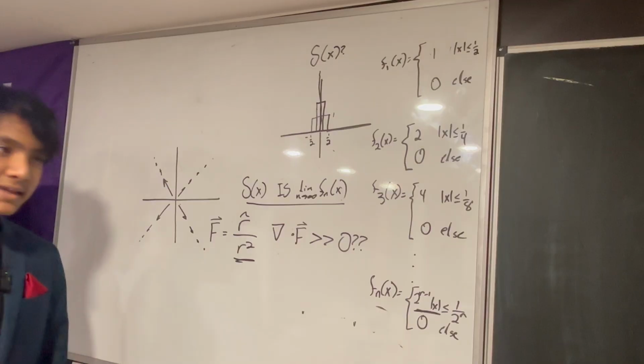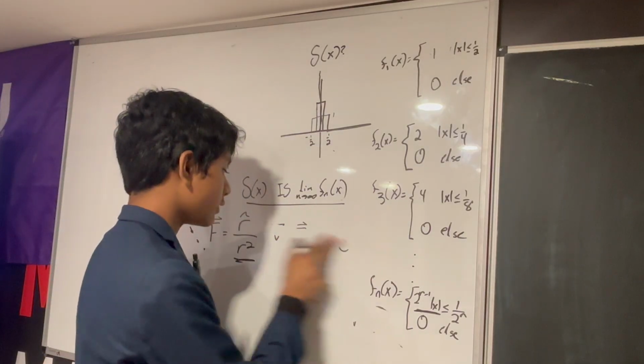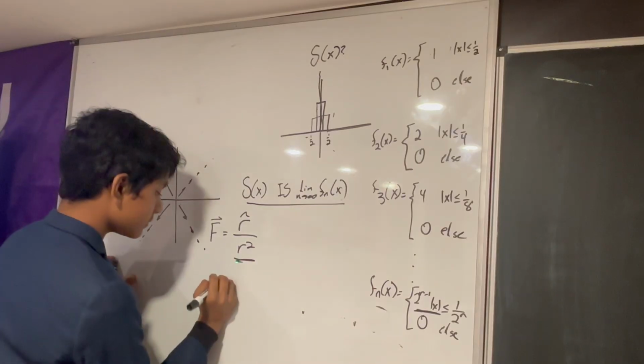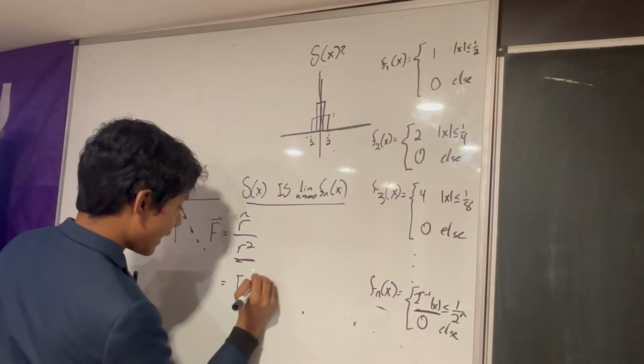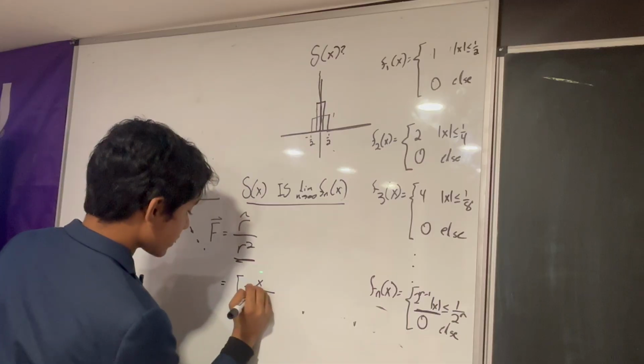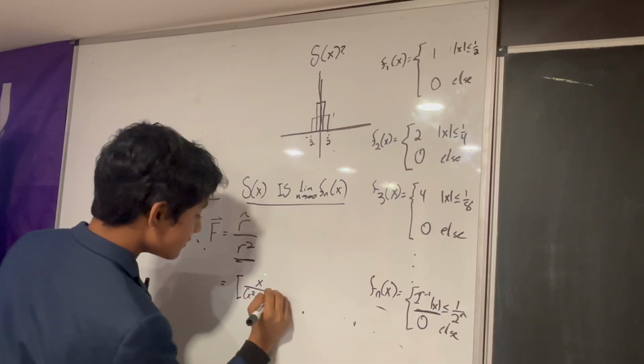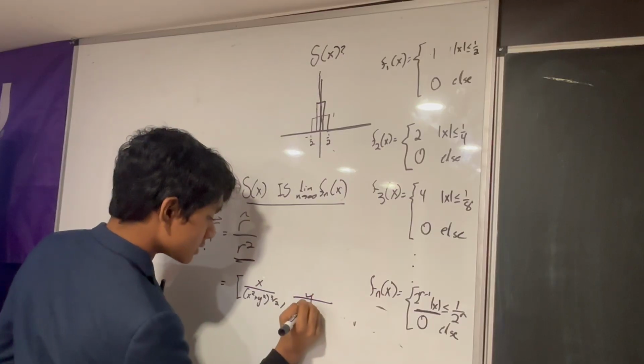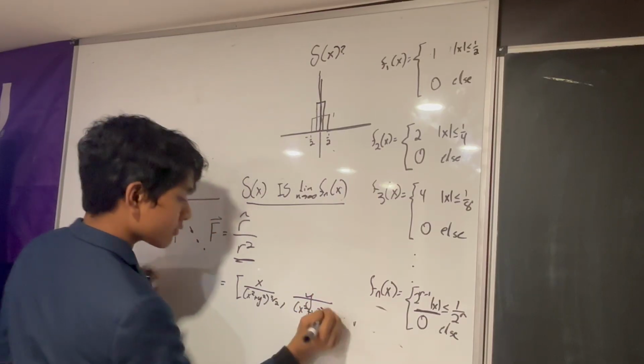Well, let's try taking it. We rewrite this in its original glorious form. x over x squared plus y squared to the 3/2, comma y divided by x squared plus y squared to the 3/2.